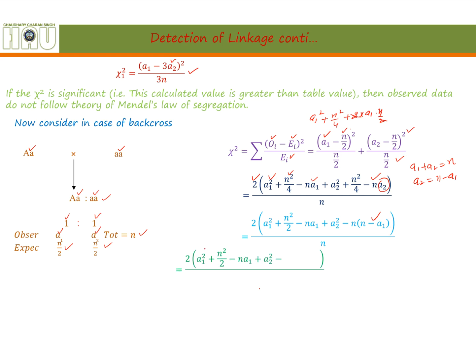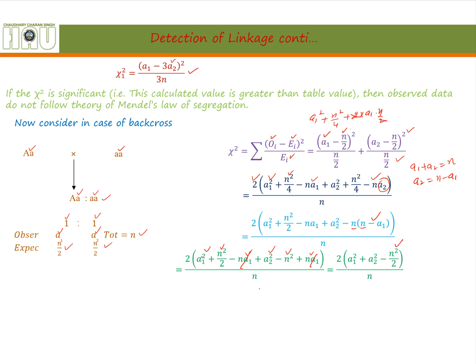I will get A1 square plus n square by 2 minus n A1 plus A2 square minus n multiplied by n. This is n square minus minus plus, so it is n A1. Now this cancelled out and ultimately what do we get? Here n by 2 square minus n square. So if I simplify it, it is minus n by 2 square.